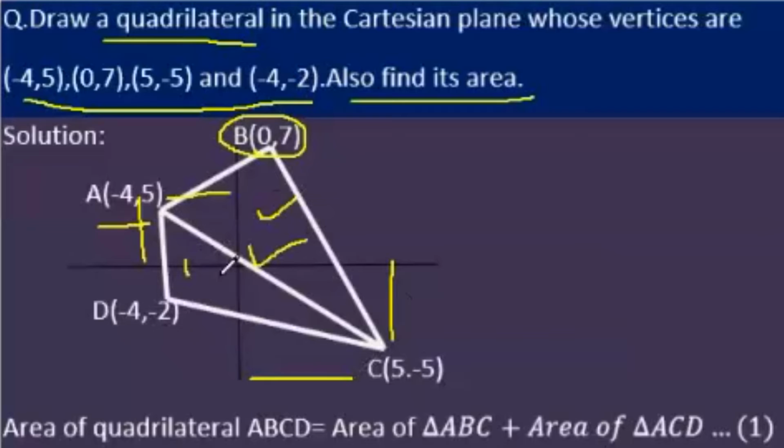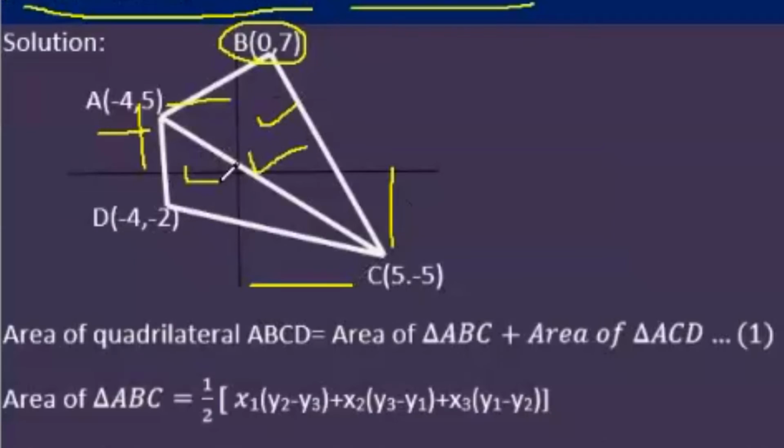If I add these 2 triangles, I will get the area of the quadrilateral. So we can write our first equation as: area of quadrilateral ABCD is equal to area of triangle ABC plus area of triangle ACD.